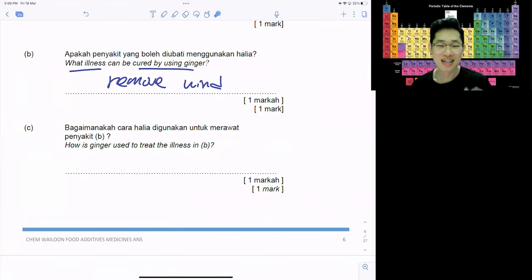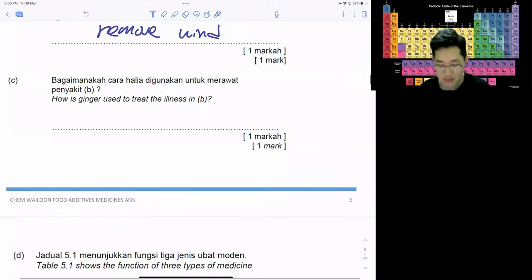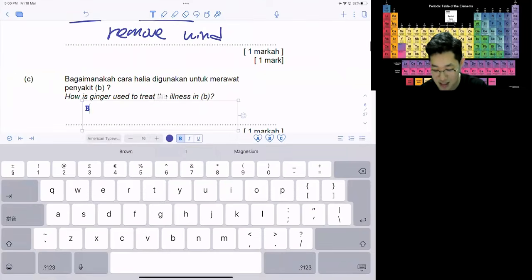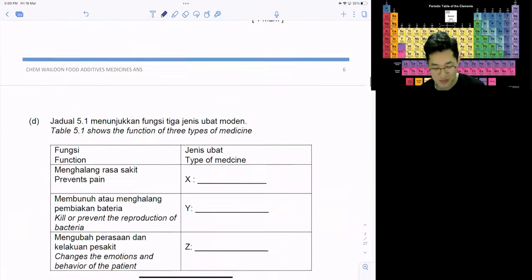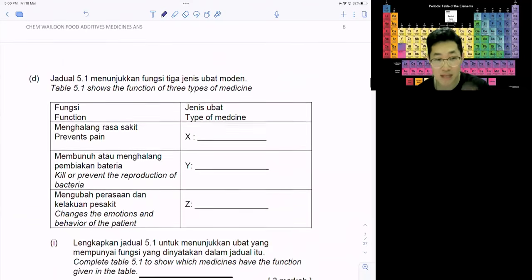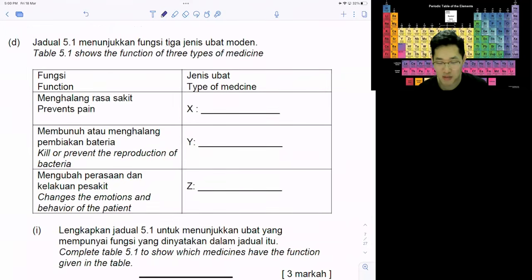The answer is really you boil it, then you drink the ginger water. That's really how it is used, okay? If they ask you ginseng, same thing, you just boil it in water, then you drink. Eat, I don't know if people eat ginseng like that.